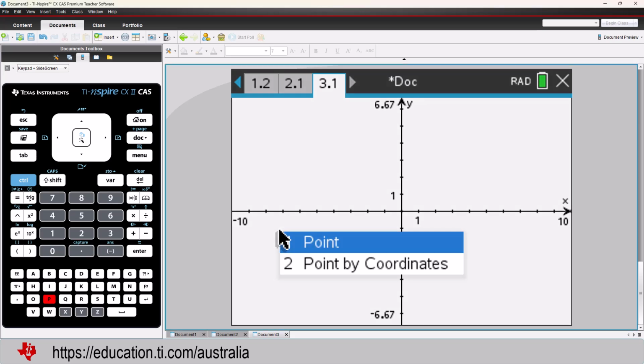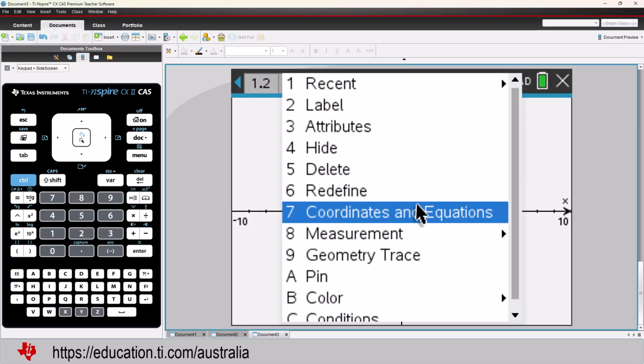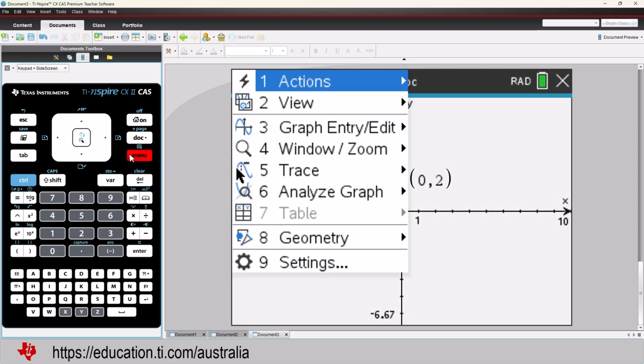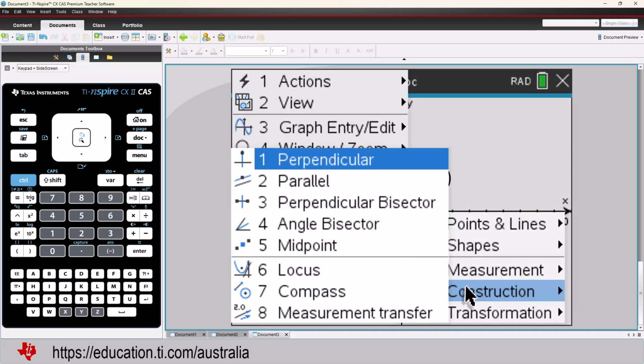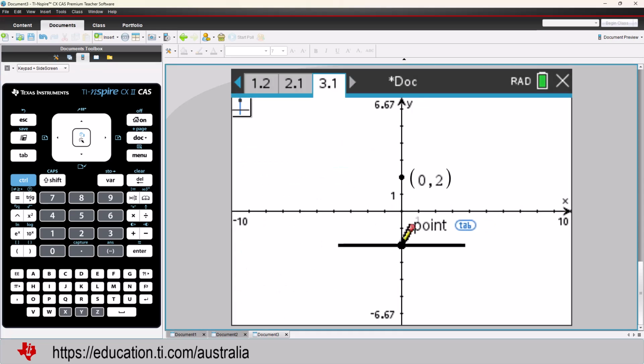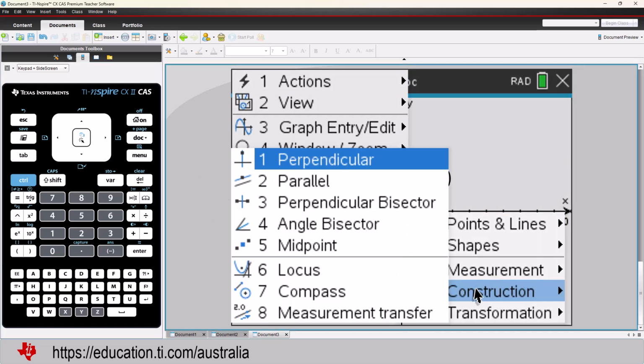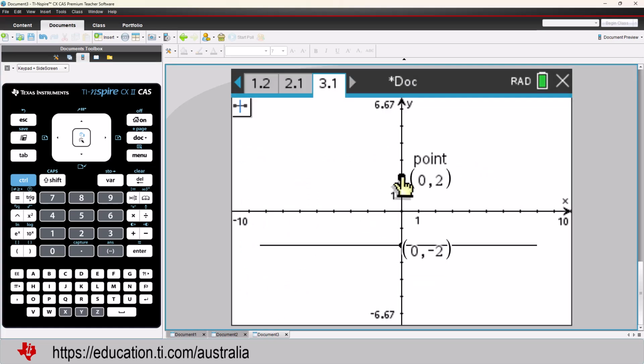We had a point on the y-axis, a horizontal line, and we formed an envelope by constructing a perpendicular bisector.